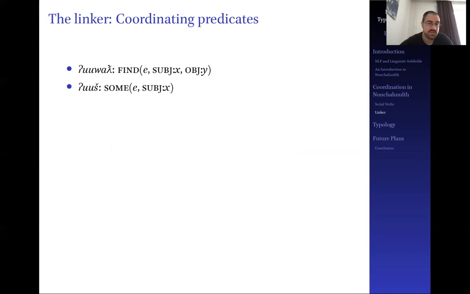That verb relates a finder, the subject, to something found, the object. And strange though it may seem, the word ush means some, and some is also a kind of event that has a subject. And the subject is the entity of which it is true that they are quantified as being some.